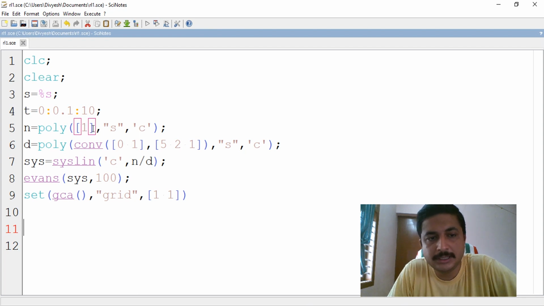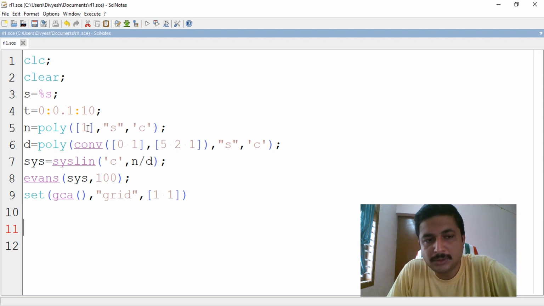You can take any value K less than 10, but usually as a programmer I prefer K equal to 1. Usually for any open loop transfer function, K equal to 1 serves as a good approximation. So always we consider K equal to 1.